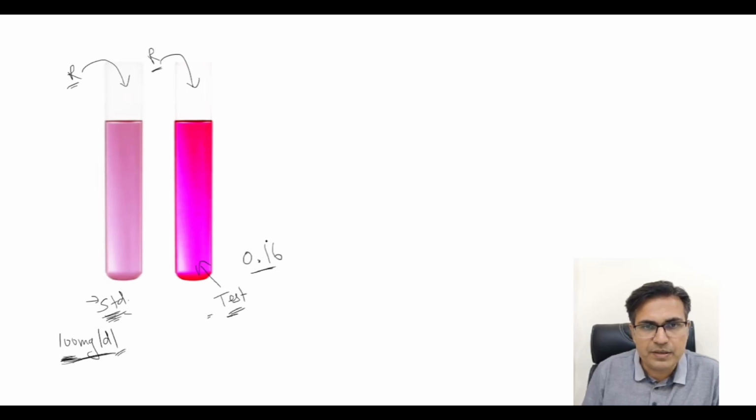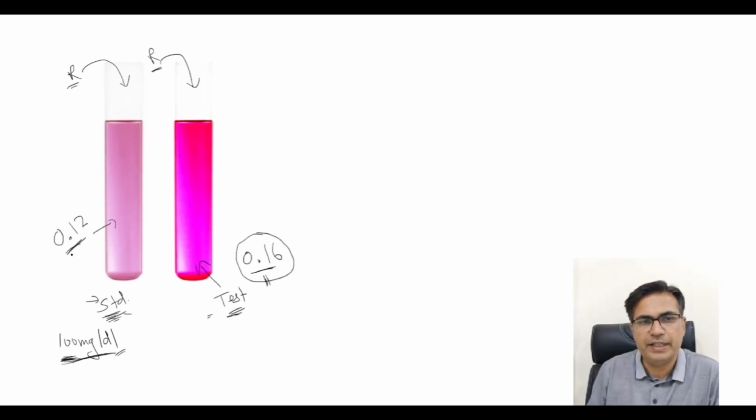After the incubation we get 0.16 optical density of the test solution. Suppose we get the OD of standard as 0.12. So we have three things: standard concentration, OD of test, and OD of standard.